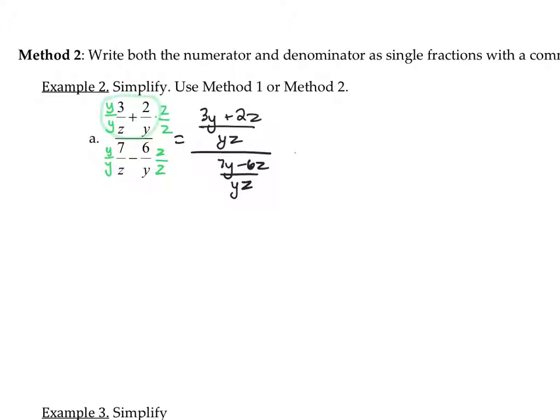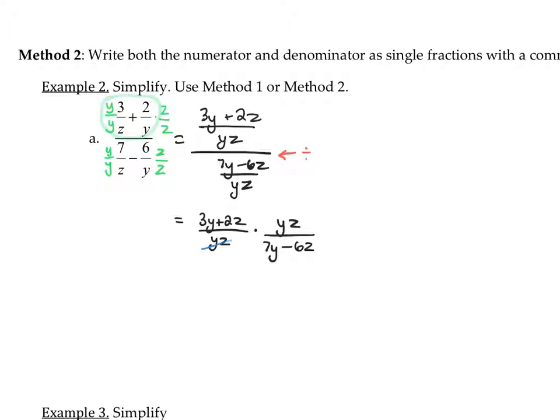Now we're going to locate the large fraction bar, and wherever that is, that's my division symbol. So I keep the top, 3y plus 2z all over yz, and I multiply by the reciprocal of the bottom. So I multiply by yz over 7y subtract 6z.